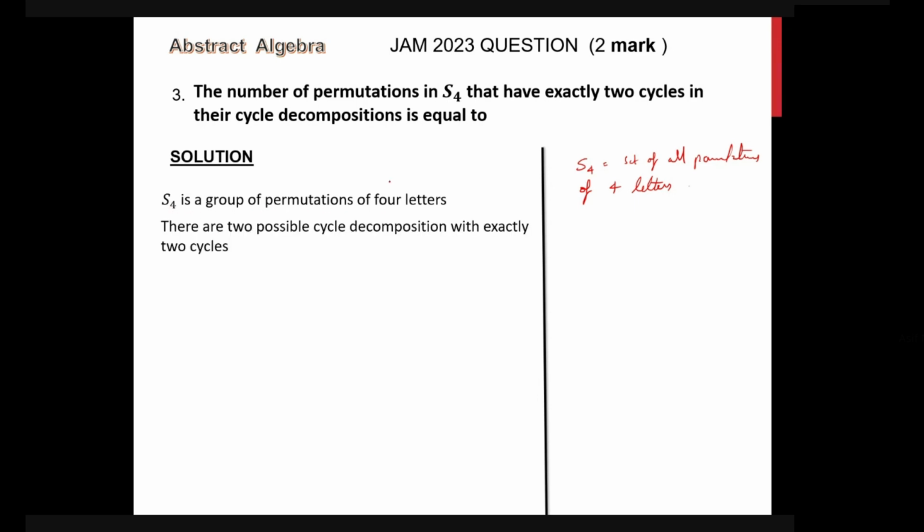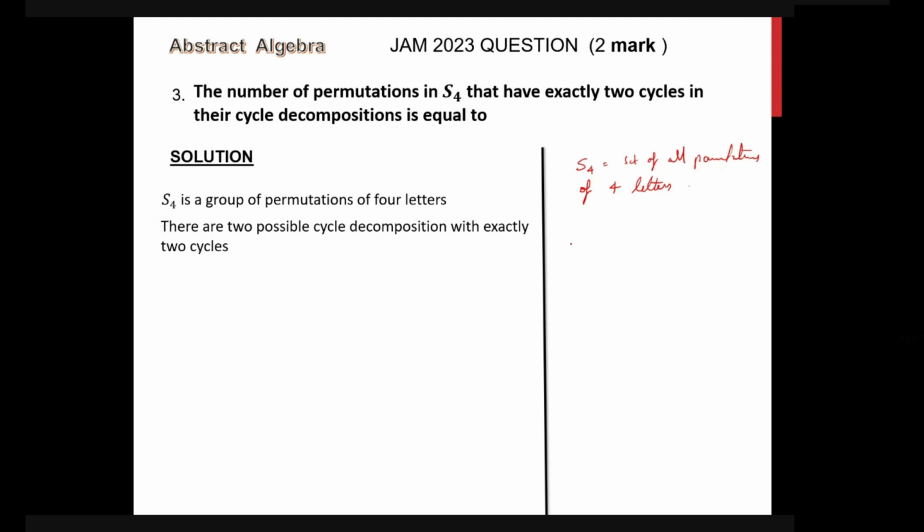We know what a permutation is. S4 is actually the set of all permutations of 4 letters, right? Now, those that have exactly 2 cycles in the cycle decomposition. Also we know that S4 is a group of permutations of 4 letters, and there are 2 possible cycle decompositions.